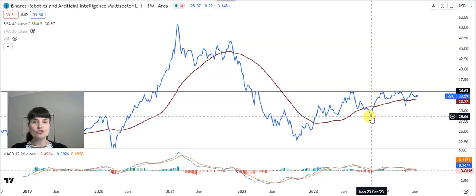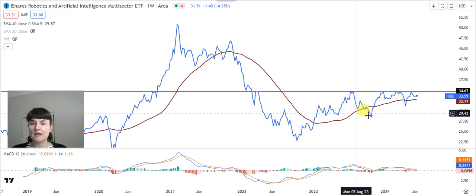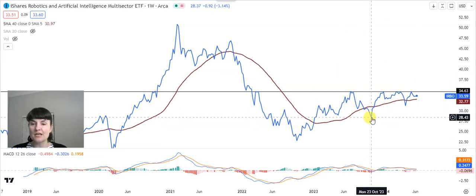So below $28.37, optimism around that cup and handle will be off the table again. And then I can say, listen, the momentum to the bottom is in place, and then we'll have to wait to see if there's other formations. But beautiful cup and handle formation here. My strong support that needs to hold here is obviously my 40-week waiting at 32.77, and then that handle, and that is waiting at 28.37.